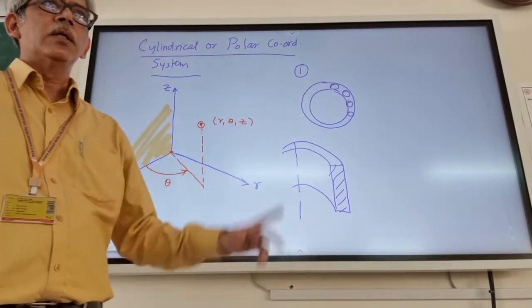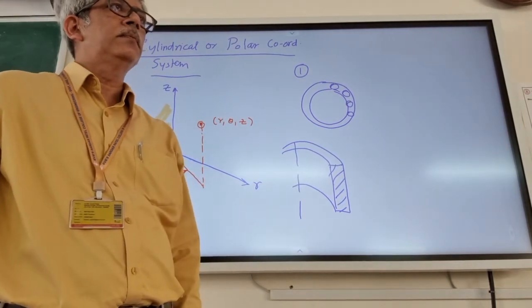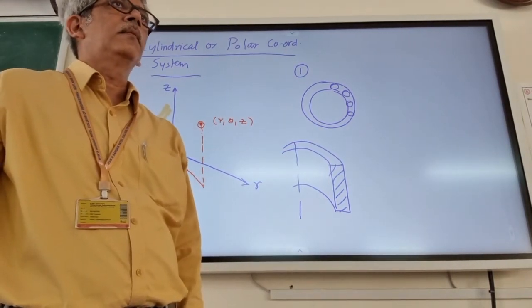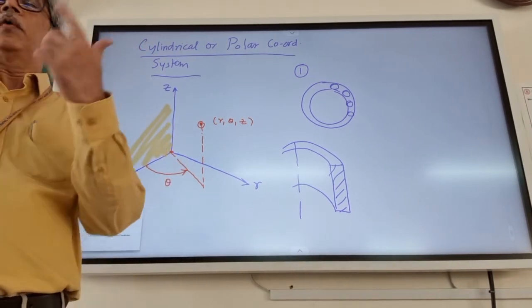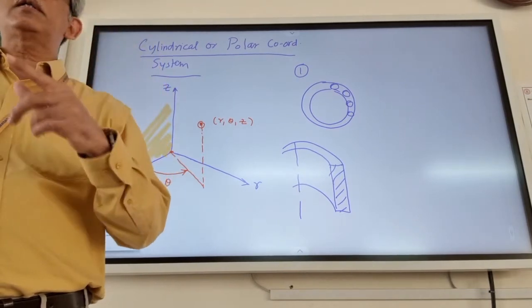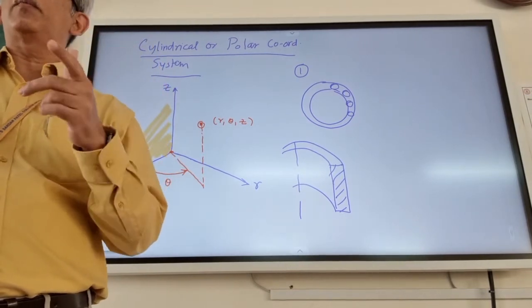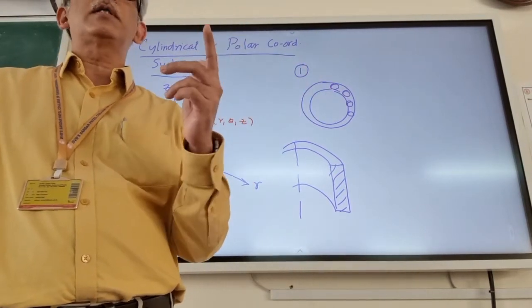That's right. But can you represent a sphere in the cylindrical coordinate system? What I mean by cylindrical coordinate system is you define some cross section, and if you revolve that cross section, you should get the geometry. Can you get the geometry of a sphere by revolving some cross section?